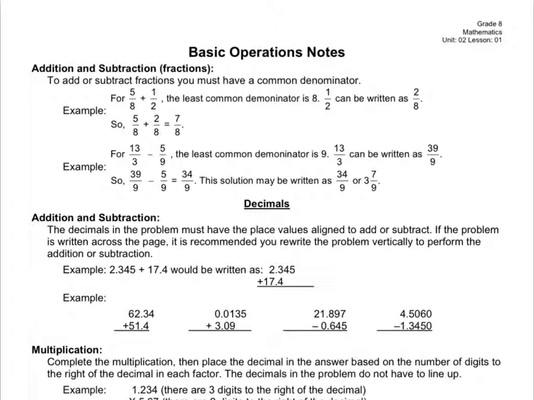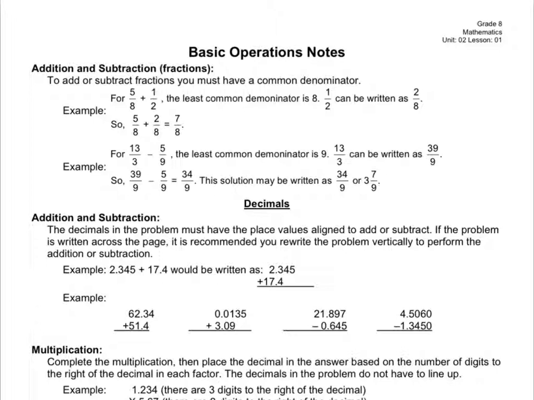So we can look and say, okay, well, the least common denominator is 8. I said factors of, but I mean the multiples of 2. Anyway, then we change 1/2 into 8ths.